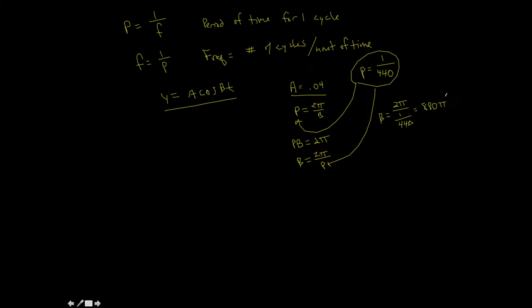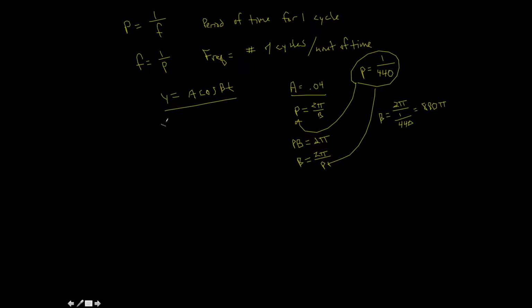So that's our B. Our B is 880 pi. Now that you have this situated, and we know A and we know B, we can now write our equation.